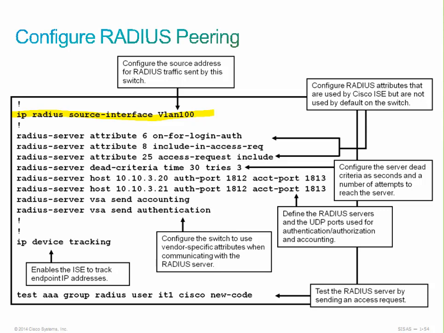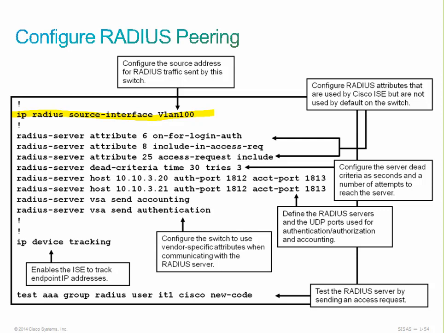Generally speaking, if a router or a switch or whatever type of device is generating traffic, the source address of that traffic is usually the exit interface used for generating that traffic. So we might have to specify the source interface for RADIUS traffic. If the traffic's already being sourced from an interface that you've identified, then it shouldn't be too much of a problem sending that traffic to its destination without this command.